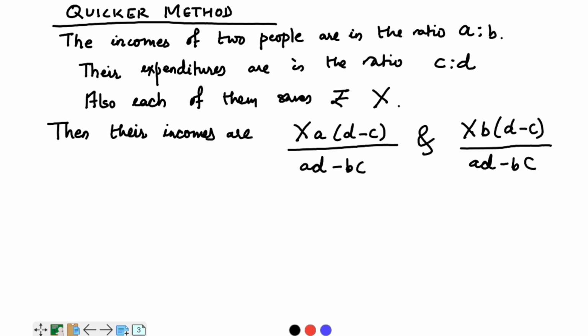So this will be the formula. The incomes of these two people are, first one X A (D minus C) by (AD minus BC), and of B, X B (D minus C) by (AD minus BC). So the only difference is here A, here B. Otherwise X is common, D minus C is common, AD minus BC is common. Alright, so now let's put all this data here.